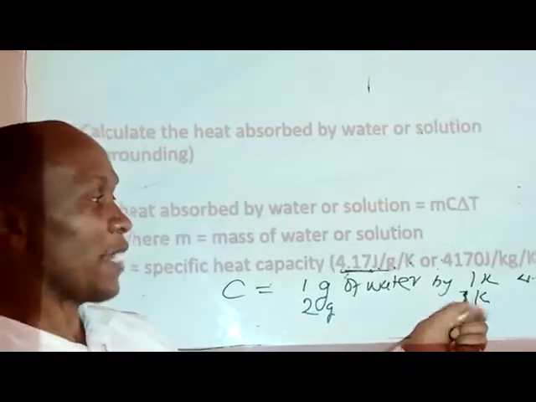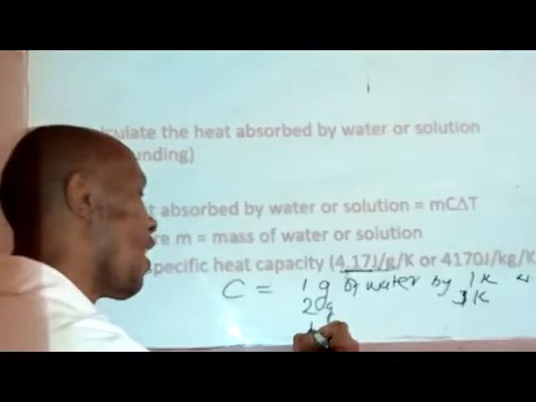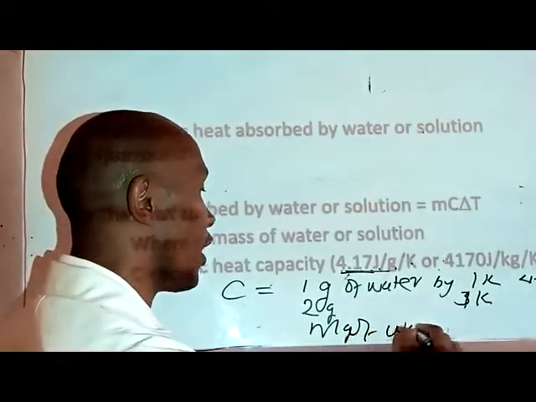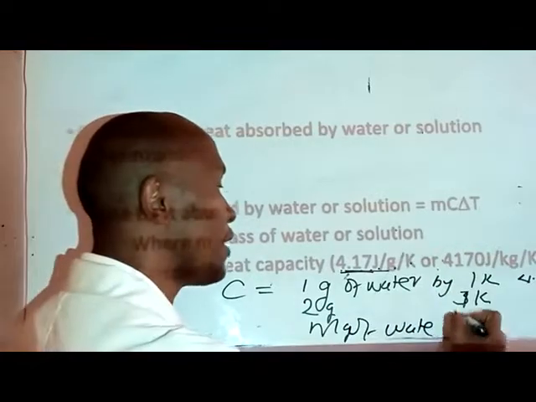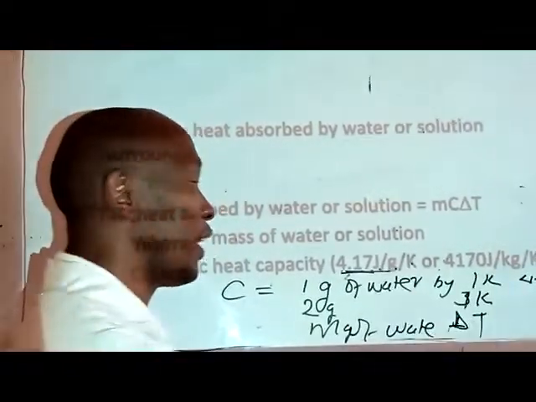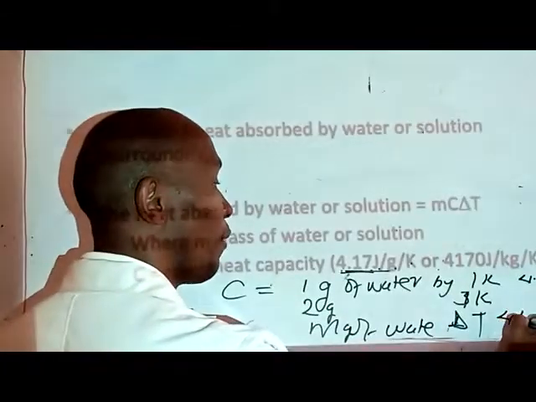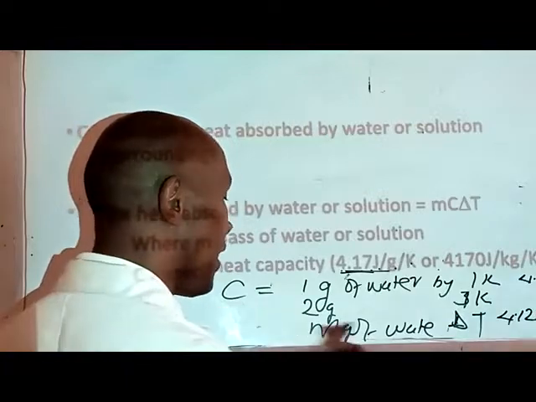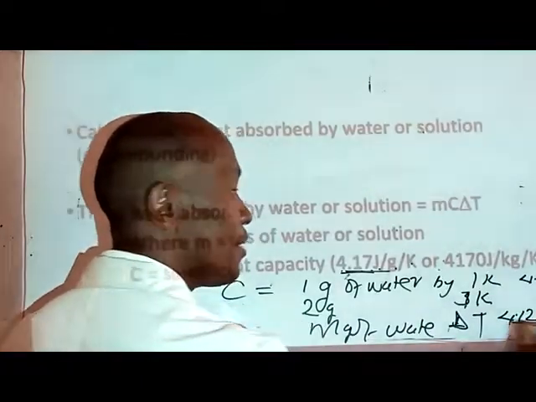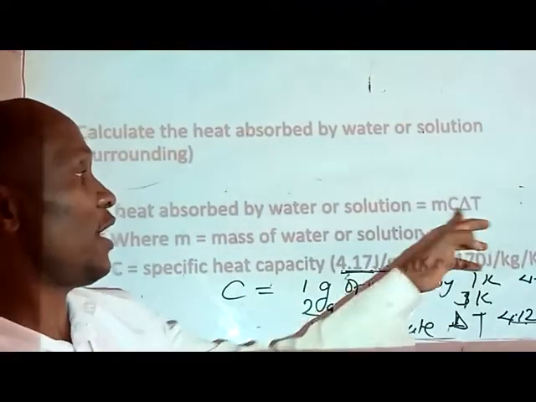For every 1 Kelvin, it is that, so for 3 Kelvin you just multiply. So if you have m grams of water and you are raising the temperature by some value delta T, how much energy will that be? It will be 4.17 times the mass times the delta T. So that is where I get to this mc delta T.